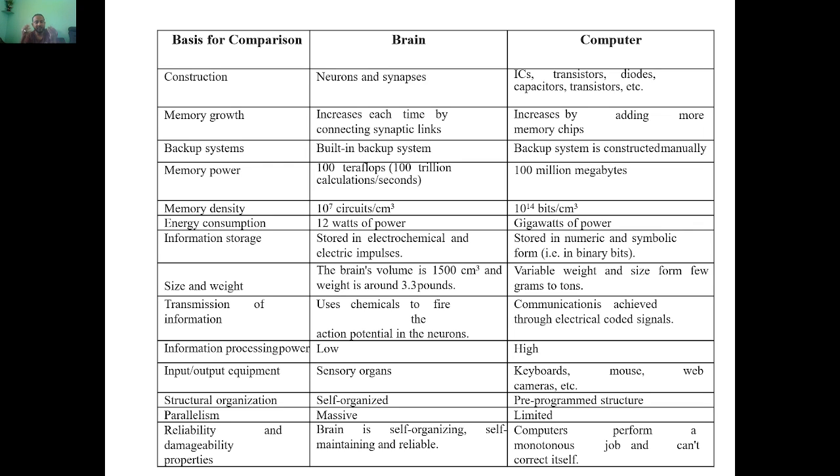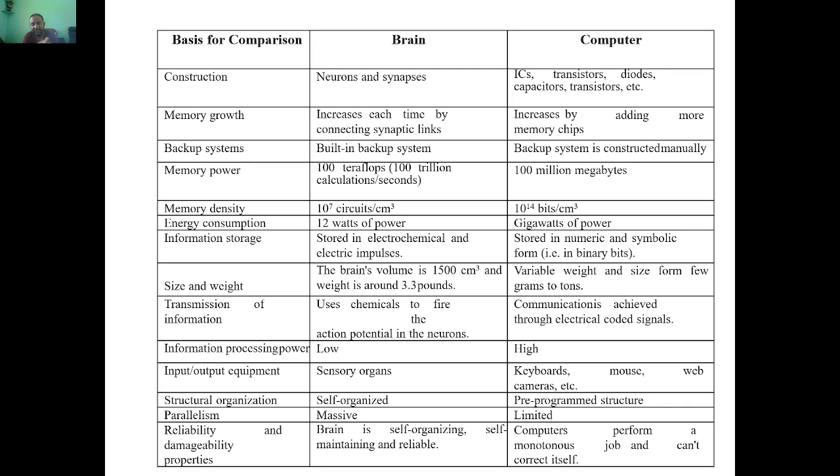Say I'm talking, moving my hands with different signs in order to help you understand. Also I'm thinking, I'm listening, I'm seeing, I'm explaining, and you are listening, and along with that you are doing some other tasks also, right? So this is parallelism. It's very massive in the brain, whereas it's limited in the computer.